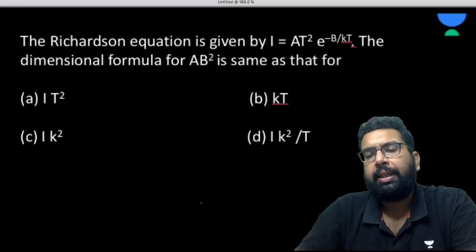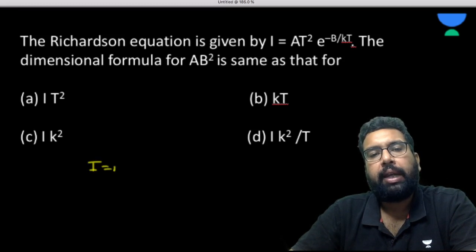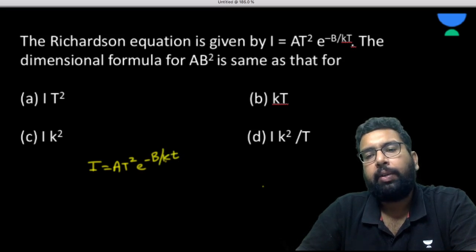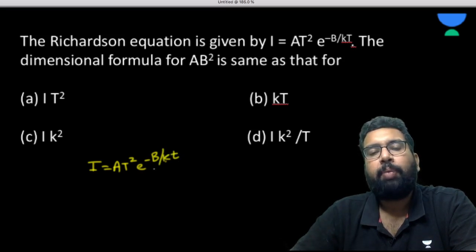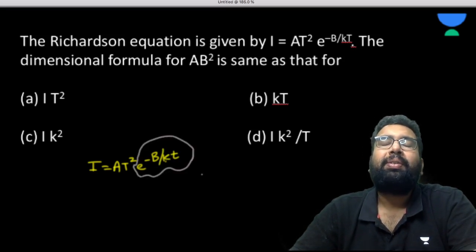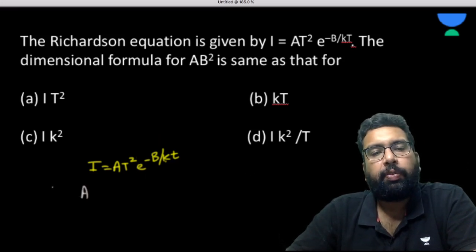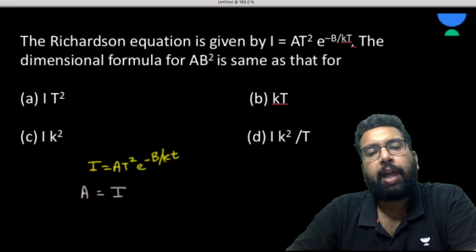Now please understand this very interesting question. It says I is equal to A T square e to the power minus b by kT. Now e to the power something has to be a number ultimately. So the dimension of A will be equal to the dimension of I by T square.